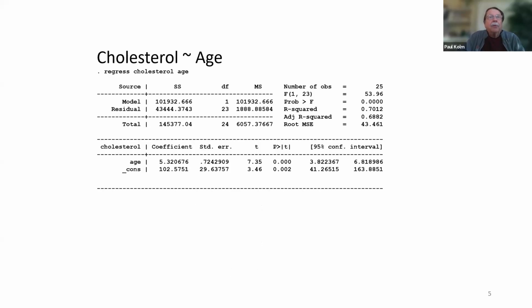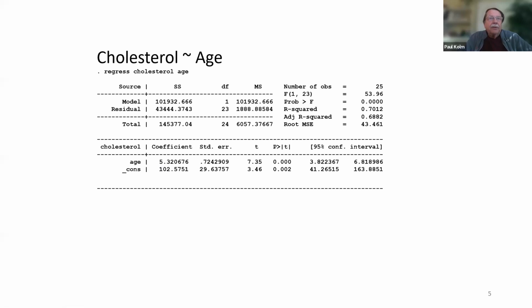And so if we do our regression where we model cholesterol as a function of just age, we get an output like this. This is Stata output, but it'll look similar in SAS or SPSS or whatever software you're using. And so we have our coefficient for age, 5.3, and then our constant, 102.